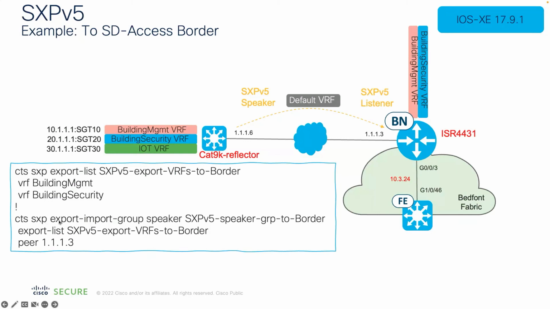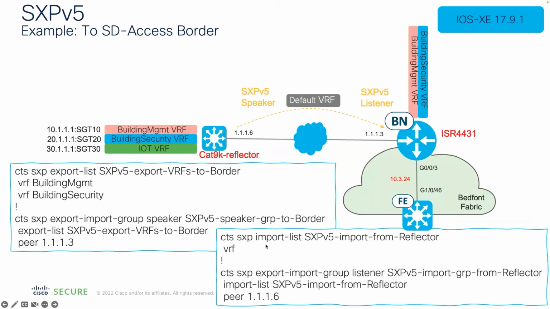Then there's what we call an export-import group for the speaker side, which really just ties the export list to the peer. Now on the border side, we have what's called an SXP import list, and this says VRF. What this means is that the traffic flowing within this SXP connection now doesn't only send the IP and the SGT mapping, it also sends the VRF.